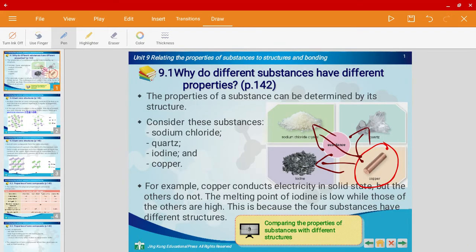Or why are some of these substances having a high melting and boiling point while the others do not? Or why are some of them hard? Why are some of them soft? All these questions, you will be able to answer once we finish this unit.